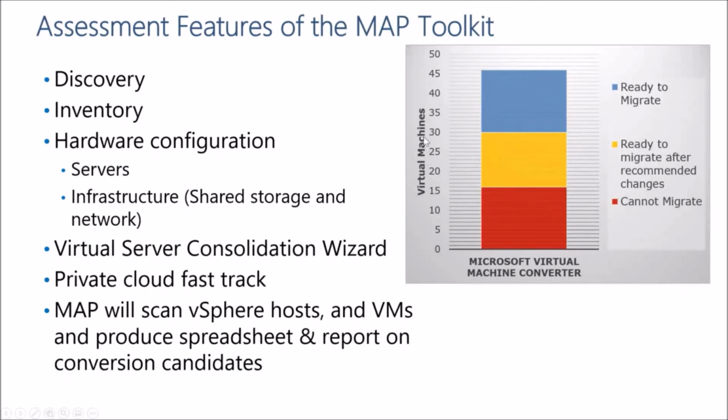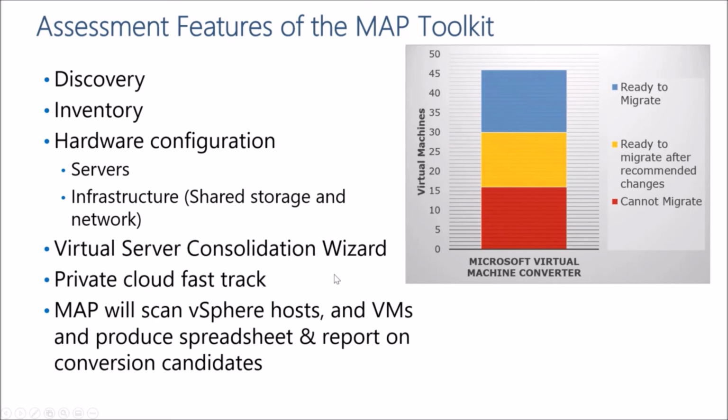So basically, this MAP will use your network connection to discover what's on the network, to take an inventory of what's there. Obviously, you need the domain powers. The hardware configuration of servers and infrastructure, shared storage and network.